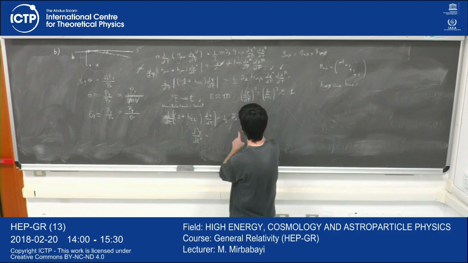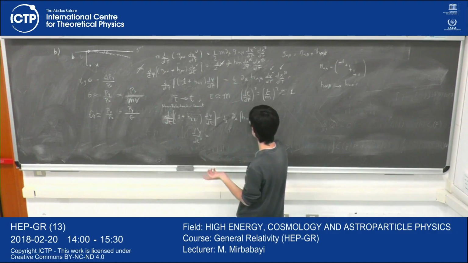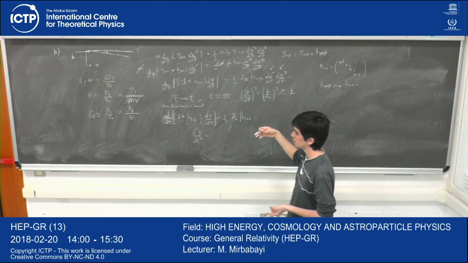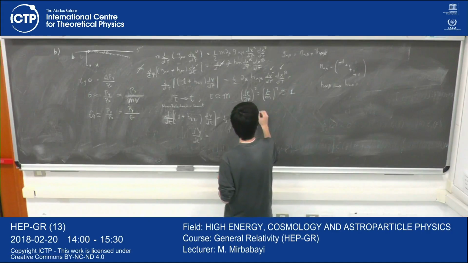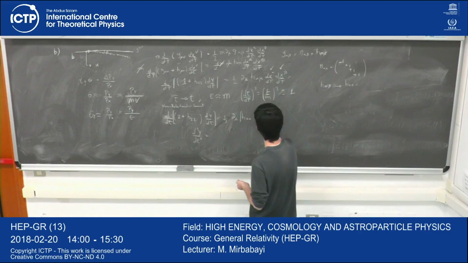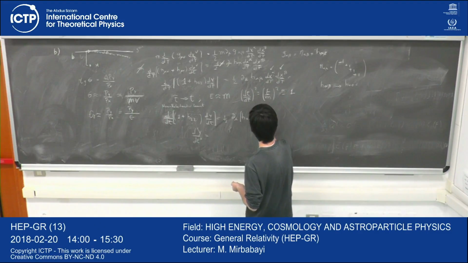In this case, I have to use the fact that H_μν is diagonal. Okay. And I will write the 0. And this object appears.